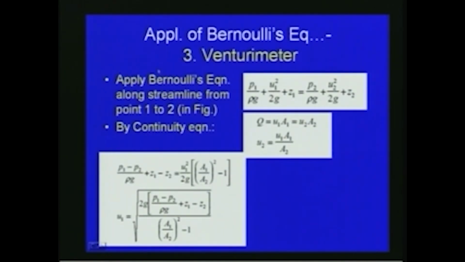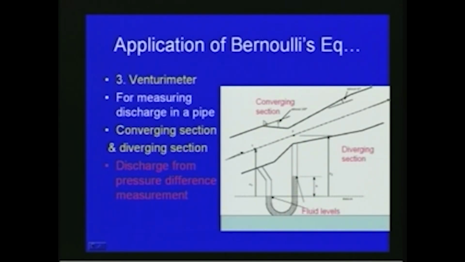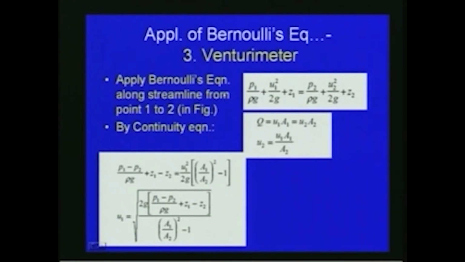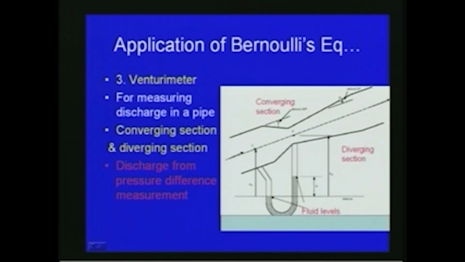So now if you apply Bernoulli's equation along the streamline from point 1 to 2 in the previous figure, then we can write P1 by rho g plus U1 square by 2g plus Z1 is equal to P2 by rho g plus U2 square by 2g plus Z2, where P1 and P2 are the pressure at section 1 and 2, U1 and U2 are the velocities at section 1 and 2, and Z1 and Z2 are the height difference with respect to the datum. Here this is Z1 and Z2.